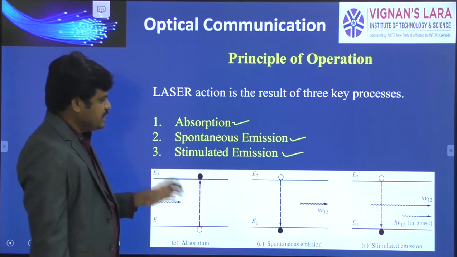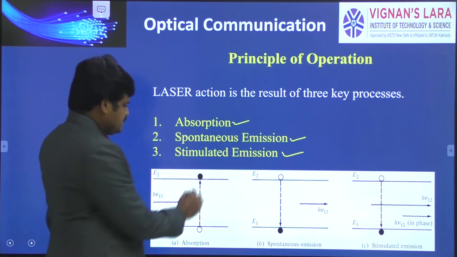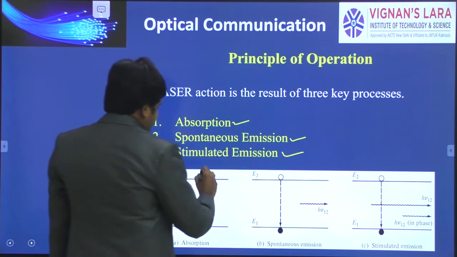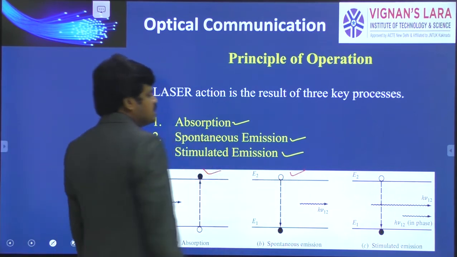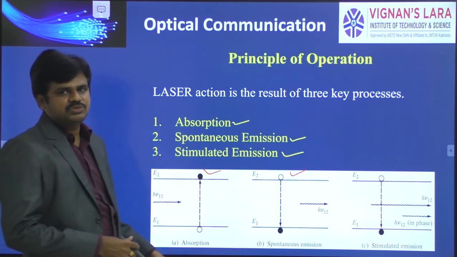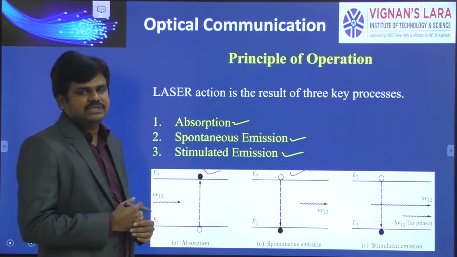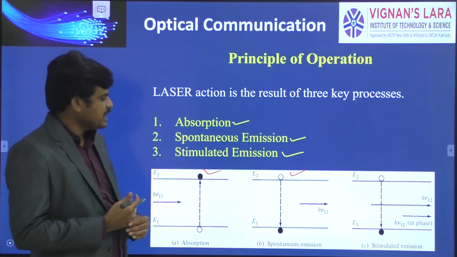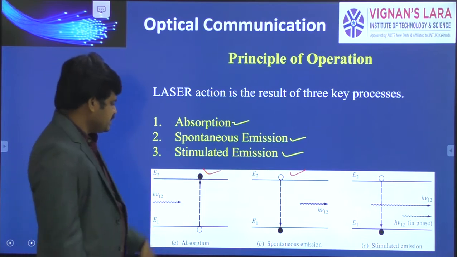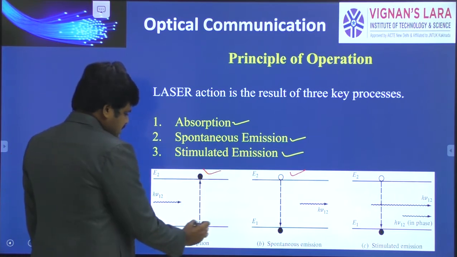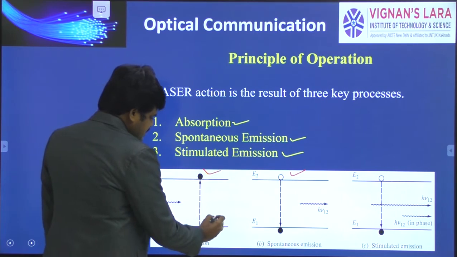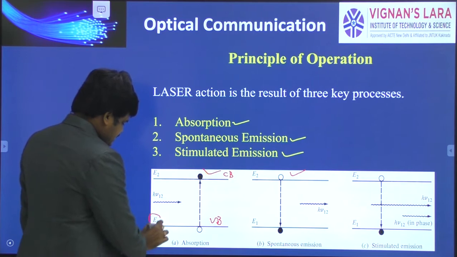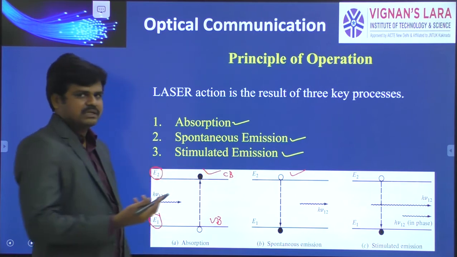We know about absorption as well as spontaneous emission, because in the beginning of this unit we studied energy band diagrams. Absorption means, for example, this is the valence band, this is the conduction band, or energy state E1, energy state E2, whatever it may be.